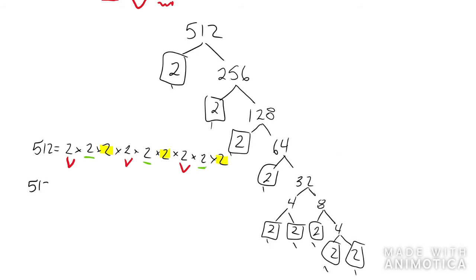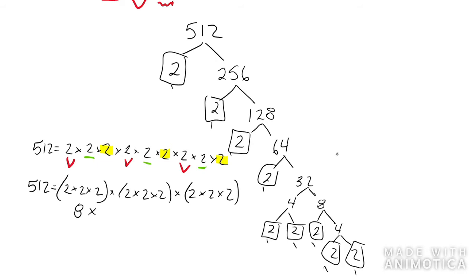So 512 is equal to 2 times 2 times 2 times 2 times 2 times 2 times 2 times 2 times 2. 2 times 2 is 4, 4 times 2 is 8, so it's 8 times 8 times 8, which gives us 512.